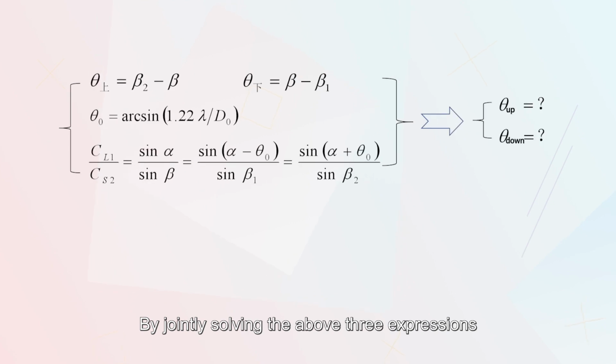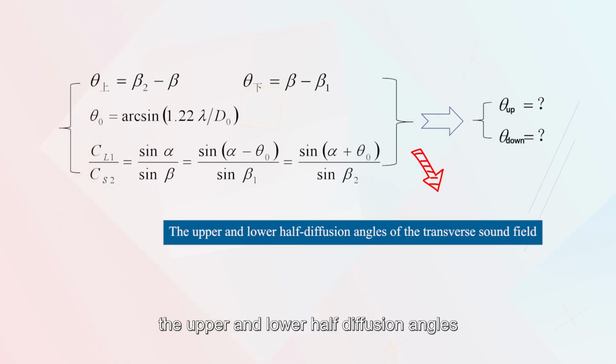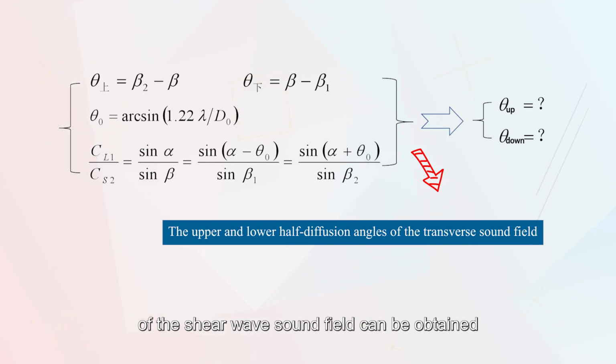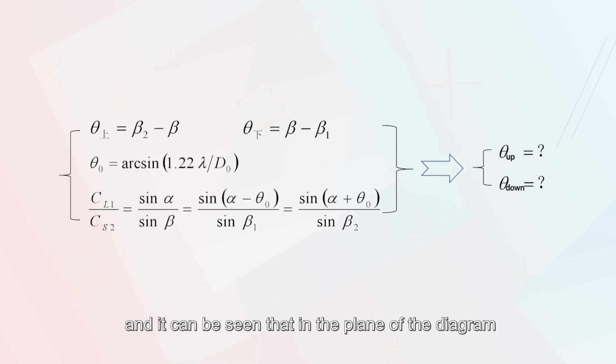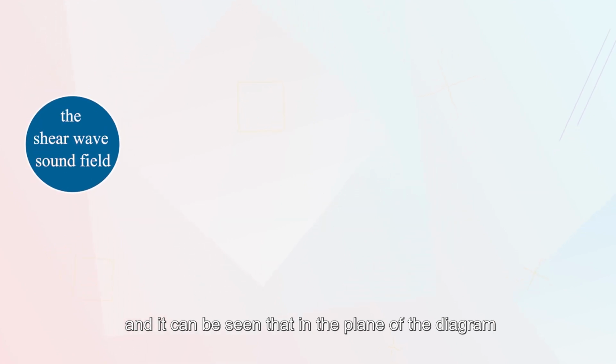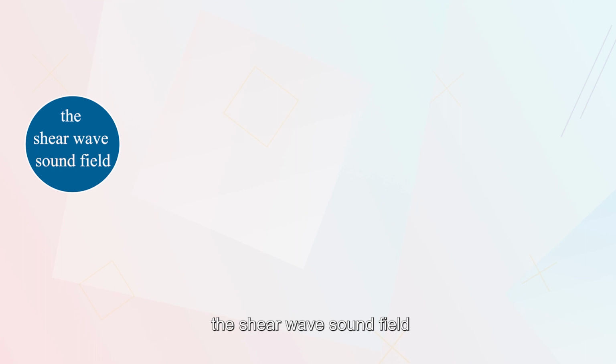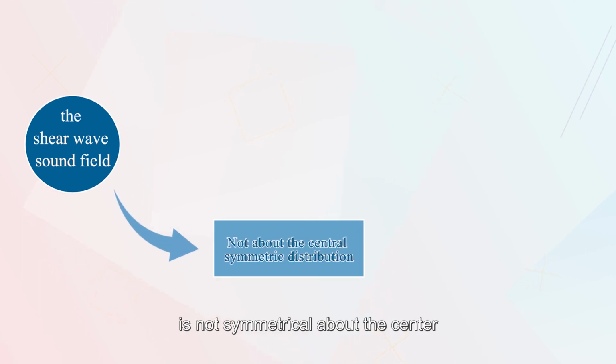By jointly solving the above three expressions, the upper and the lower half diffusion angles of the shear wave sound field can be obtained. You will find that they are not equal, and it can be seen that in the plane of the diagram, the shear wave sound field is not symmetrical about the center.